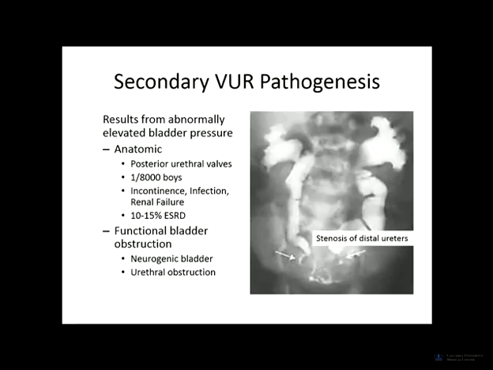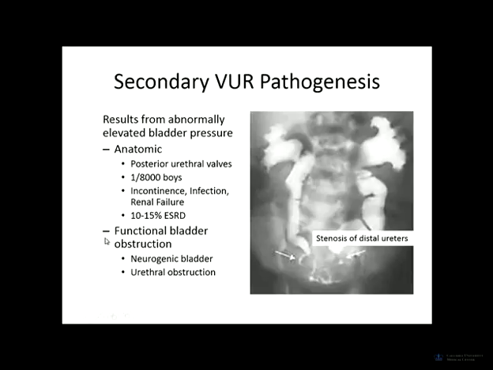And basically it's not allowing proper closure at the bladder-ureter junction, and it leads to, again, backflow and hydronephrosis. It occurs in 1 out of 8,000 boys, and 10 to 15% will end up with end-stage renal disease. And also, there's a lot of incontinence, there are recurrent infections, and then the renal failure.